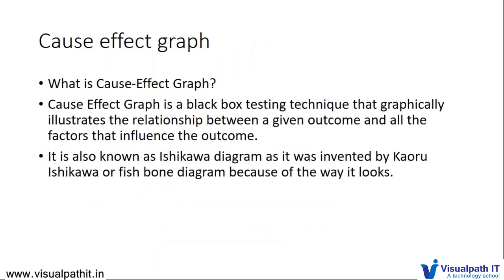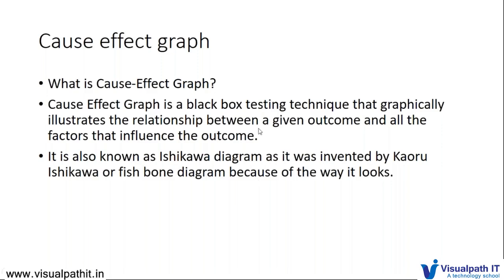In the decision table, we represent the different inputs or different scenarios having a bunch of inputs in a table format. Here we will give it in a graph format. That is the only difference between a decision table and a cause effect graph. In a cause effect graph, we give it in a graphical interface.